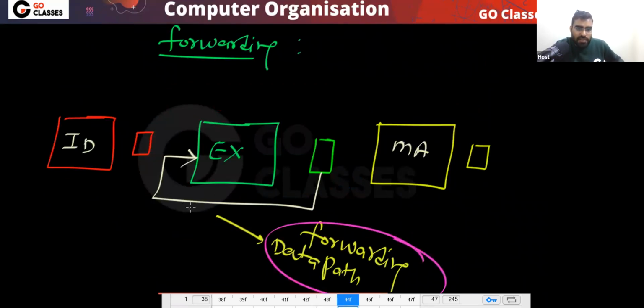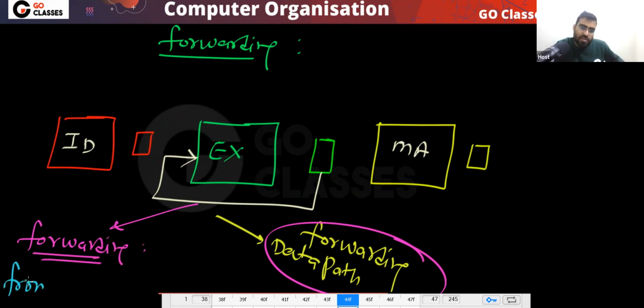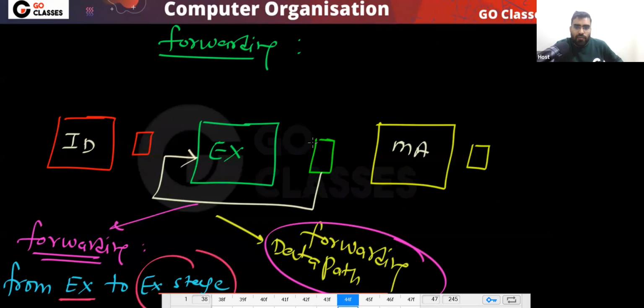So this forwarding, from which stage to which stage? This is from the execution stage to the execution stage.